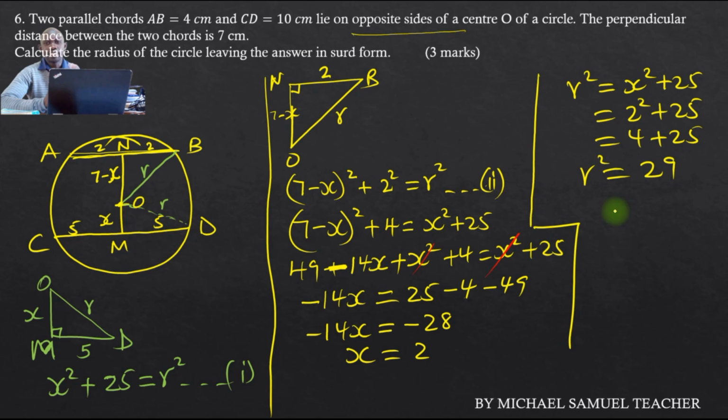Therefore, since we have been given the condition, we leave the answer in surd form. That will be r equals, we take the positive value of the length, positive root 29, and that is the answer. Root 29 centimeter. So we leave it in surd form. We move on to question 7.